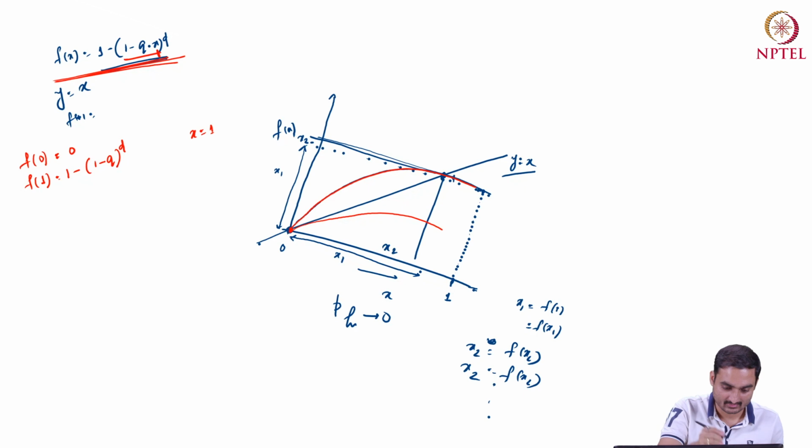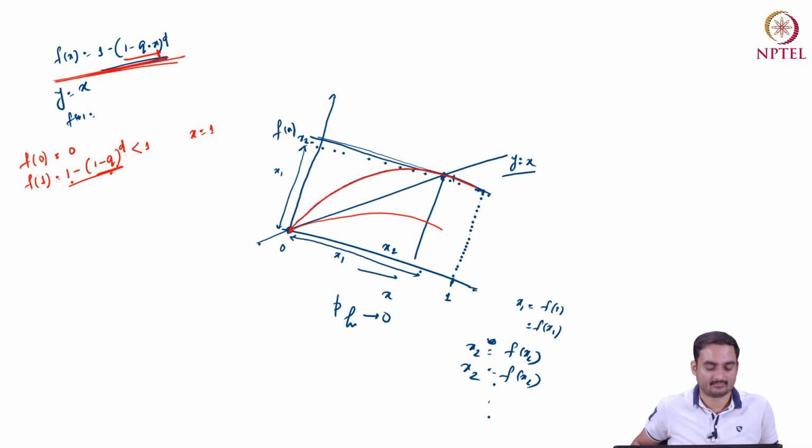Now think about it. What is q? q is a probability, so 1 minus q would be less than 1, to the power d would be less than 1, and 1 minus this would be less than 1.